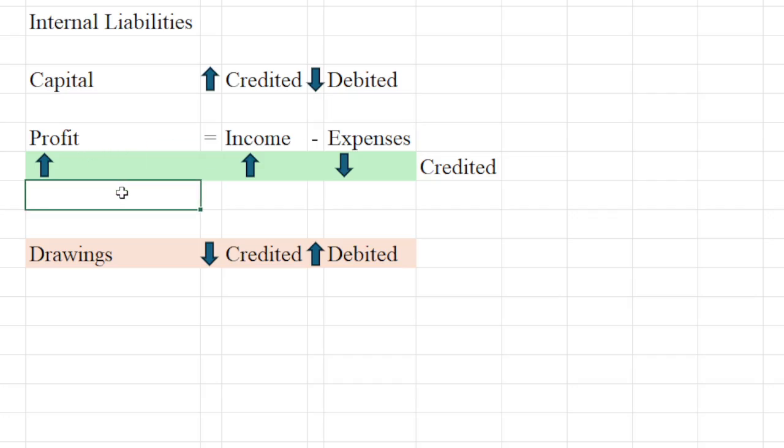Now let's see the second component, profit. Whenever the profit increases, the obligation will also increase. Now, how does the profit rise? Income minus expenses.